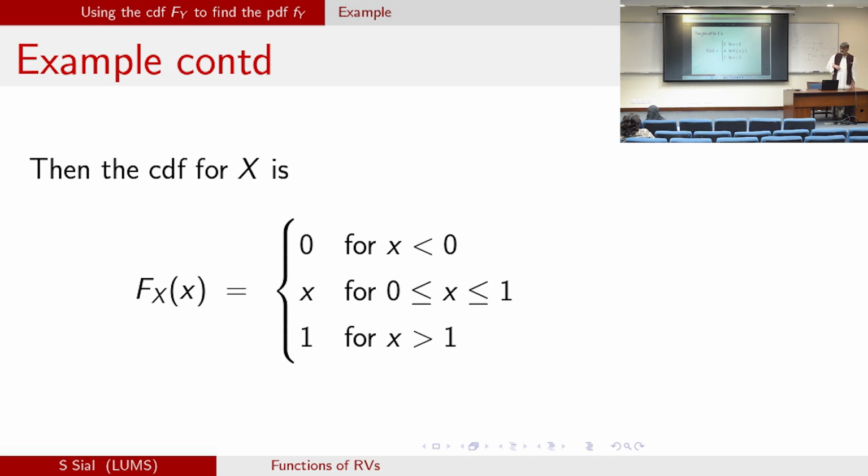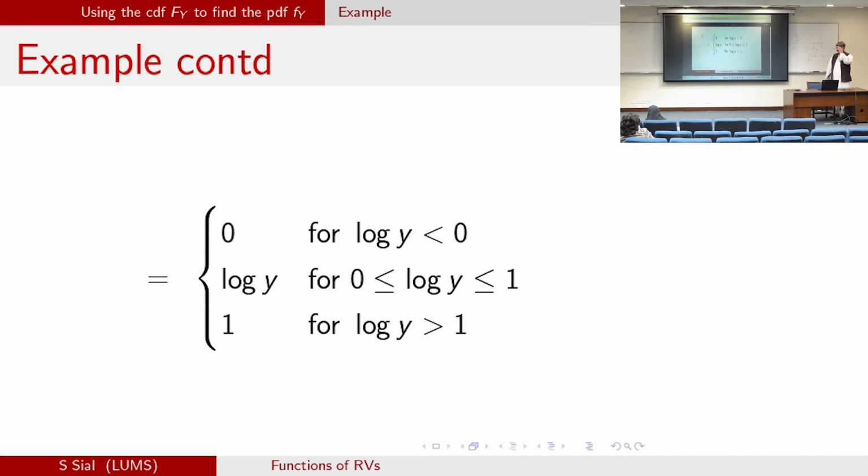If x is less than 0, then y, which is the exponential of x, is less than 1. So we put all that in. And what was x in terms of y? Y was equal to e to the x, so x was equal to the logarithm of y. So everywhere I replace x by logarithm of y.